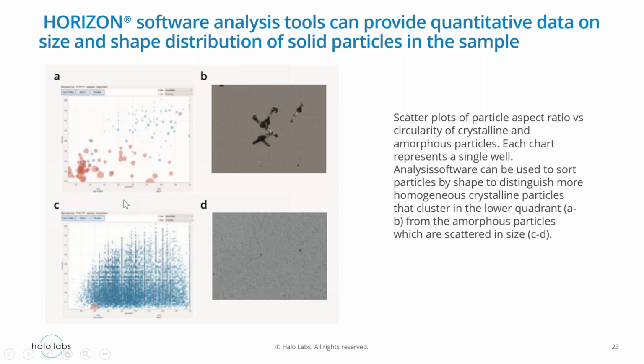This data is readily exported from our system, and it can be put through scripts to detect these types of things automatically, so that you would be able to know, for example, crystals from amorphous particles automatically, right? So this is very useful.